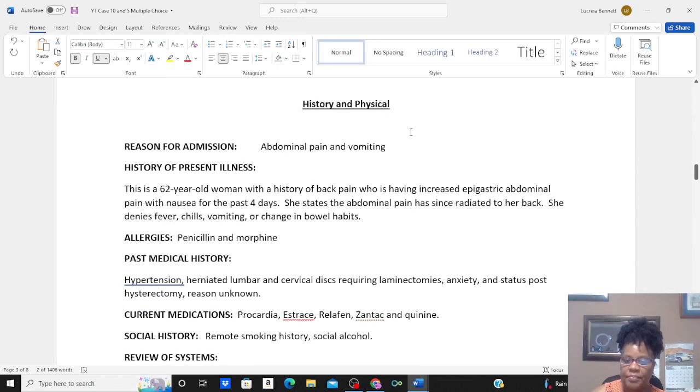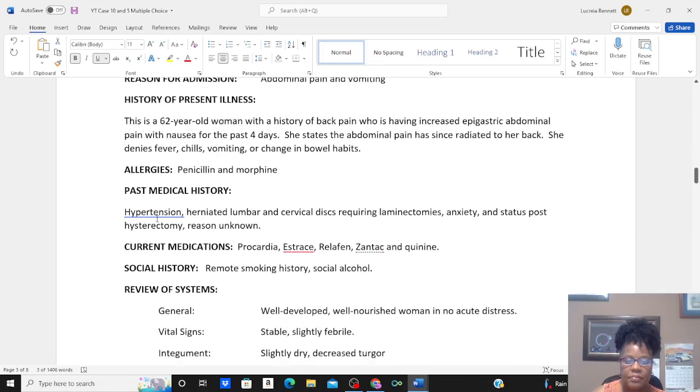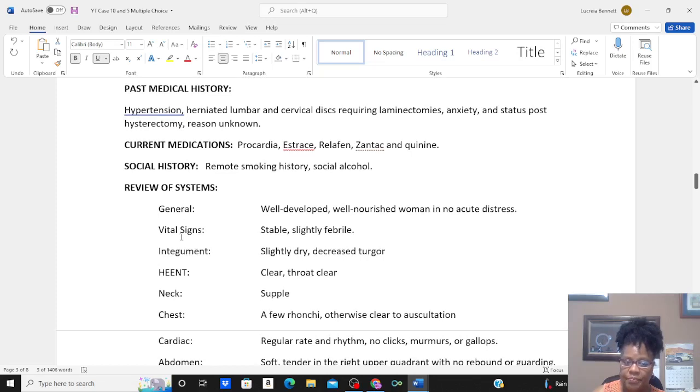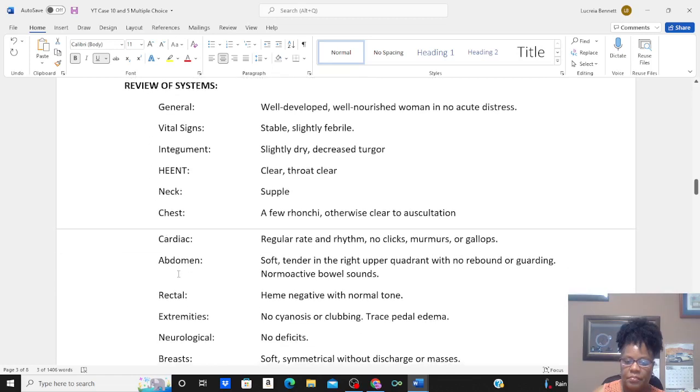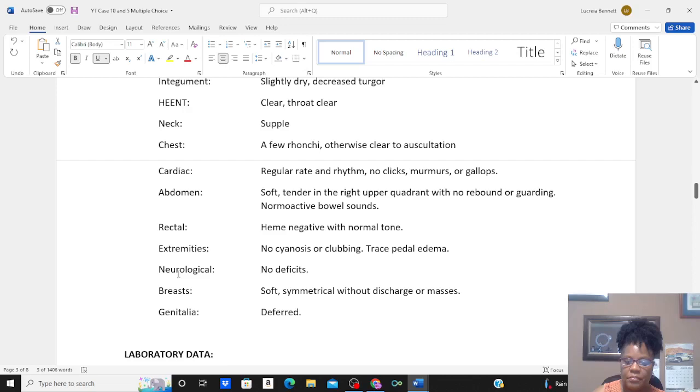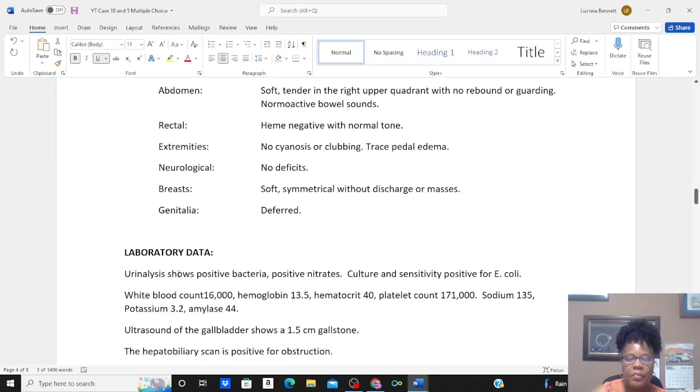Here's the history and physical. Review of systems. Laboratory data.